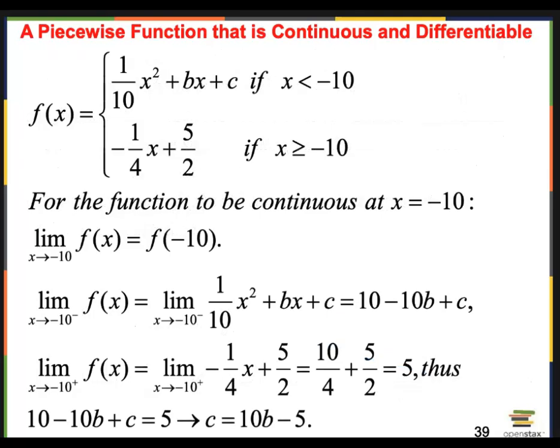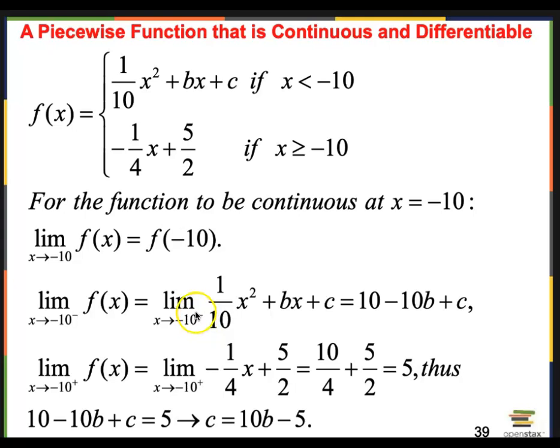So let's take a look at this. For the function to be continuous at -10, the limit has to exist, and it has to be the same as the function value at -10. And that's what this first statement is telling us. The limit must exist and be equal to the function value at -10. So how do we do that? Well, we look at the limit from the left side.